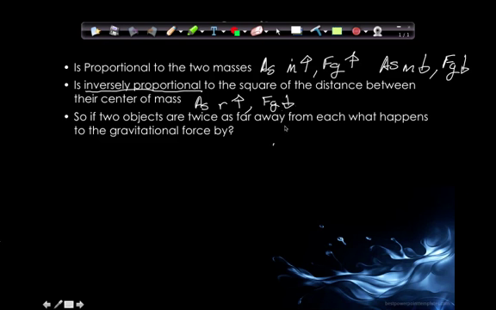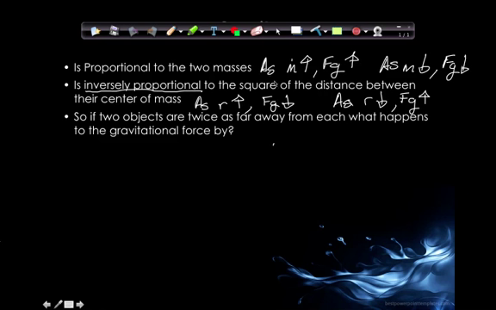The further you are from the object, the less force of gravity you will feel. And the reverse would be true. As distance decreases, you would feel more of a force of gravity. So that's what inversely proportional means. As one goes up, the other one goes down.